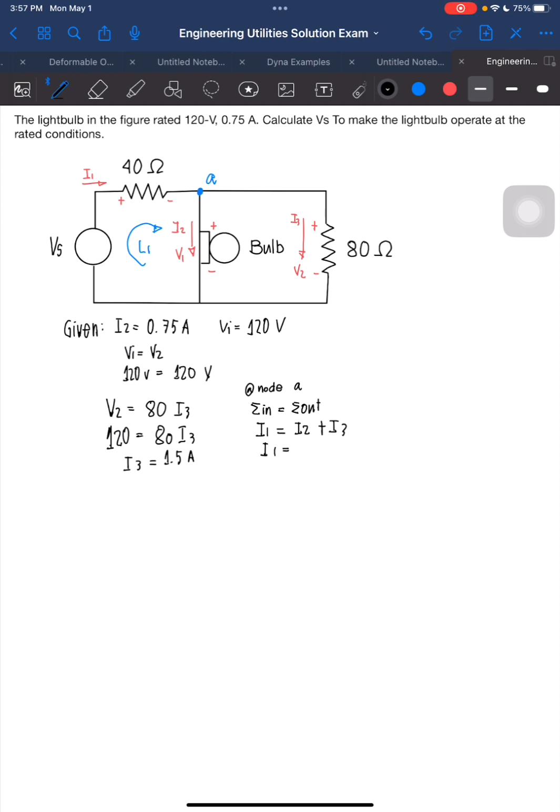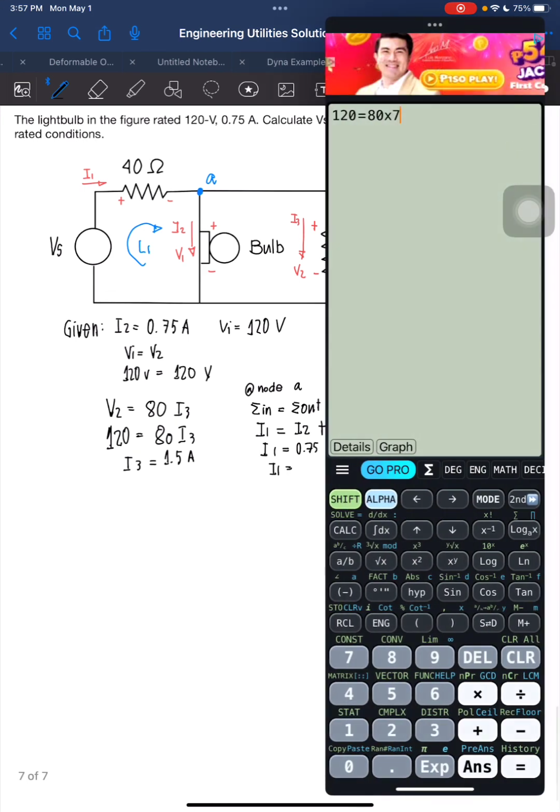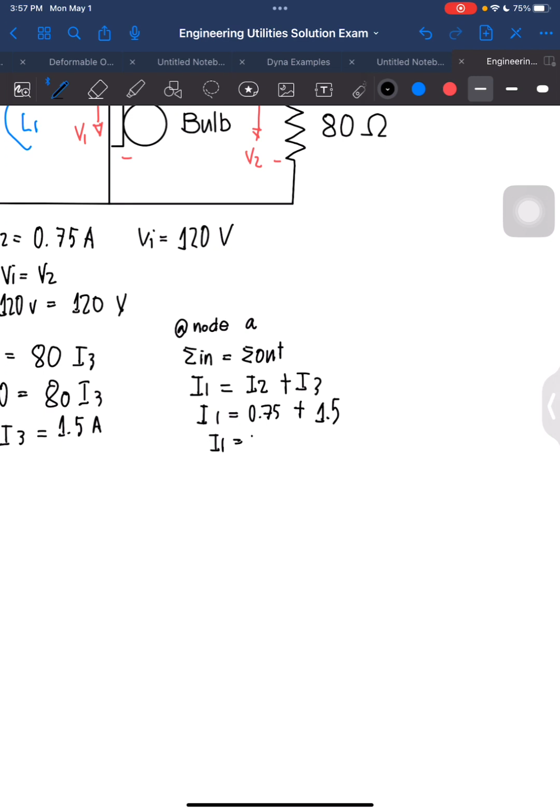Since given ang I2 which is 0.75, tapos na-solve na natin ang I3 na 1.5, pwede na natin ma-solve yung I1 which is 0.75 plus 1.5 is equal to 2.25 ampere.